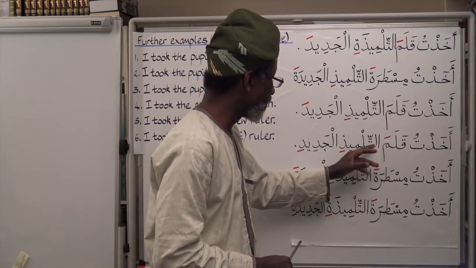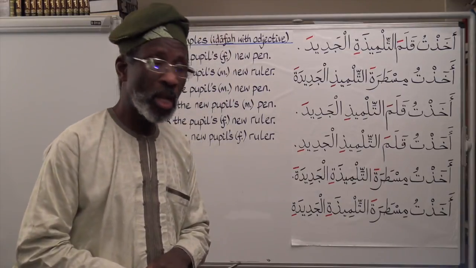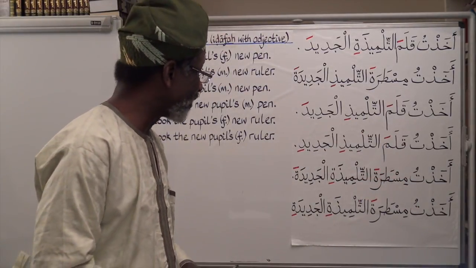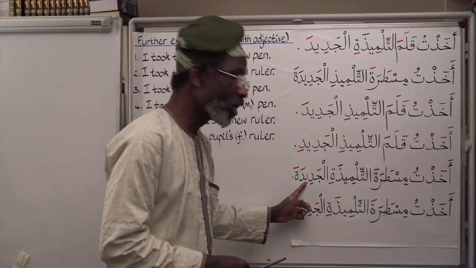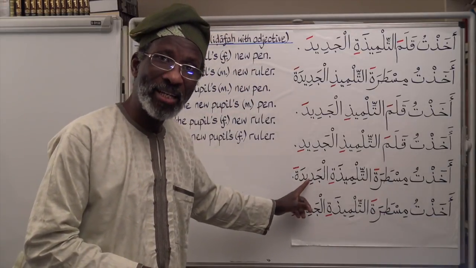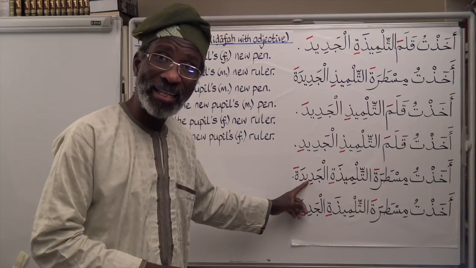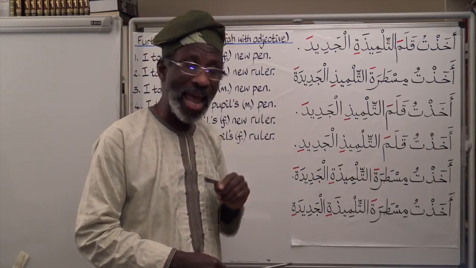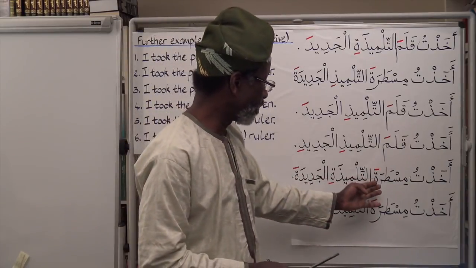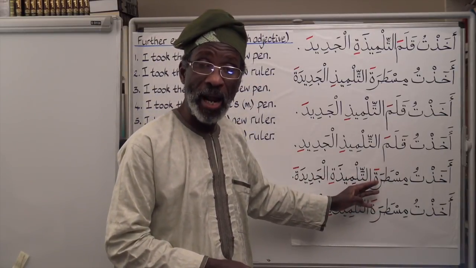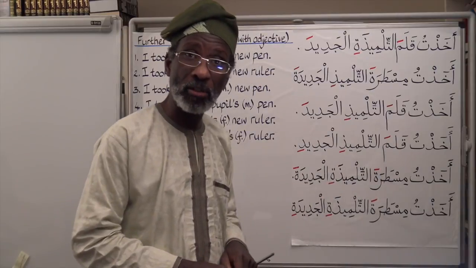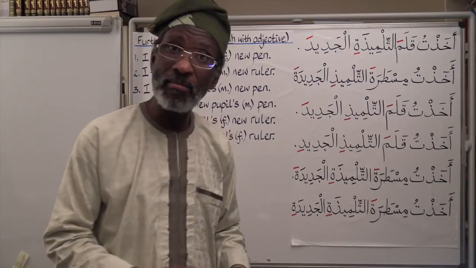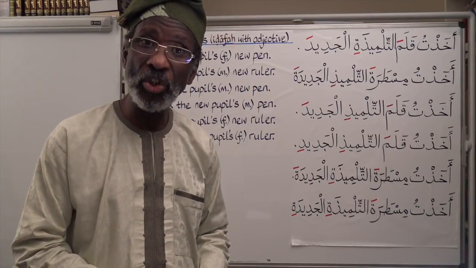قلم التلميذ الجديد. Next. أخذت مسطرة التلميذة الجديدة. Here we have an adjective, which is feminine and is defined and is carrying accusative case ending, just as مسطرة is feminine, it's a defined noun, and is carrying accusative case ending. تلميذة, however, is carrying kasra, genitive.